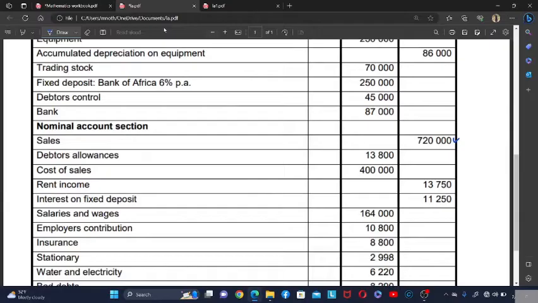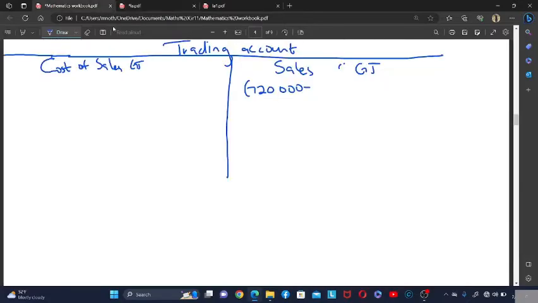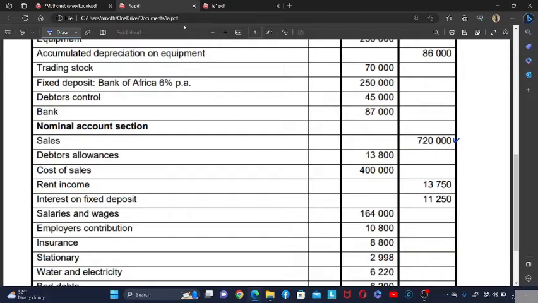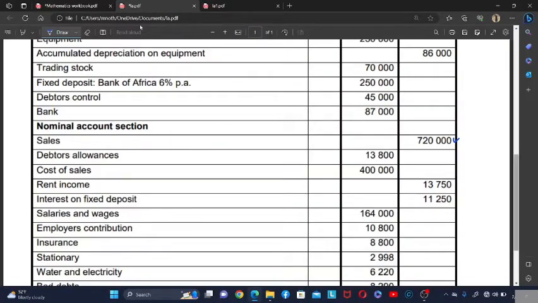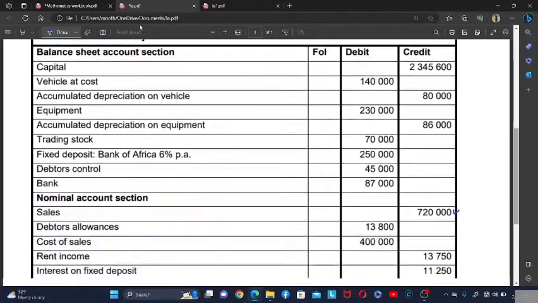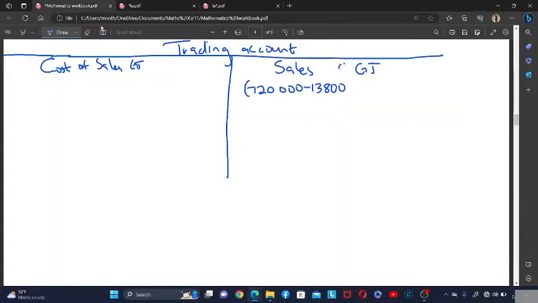The debtors allowances are 13,800. The year here is ending 31 December 2020.